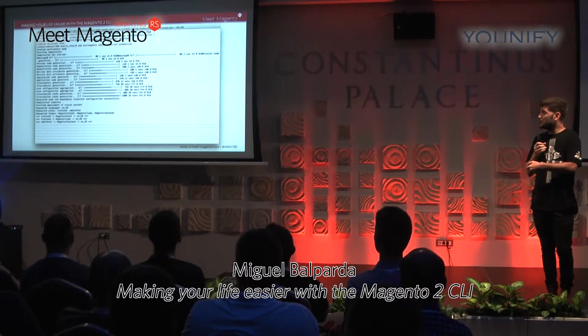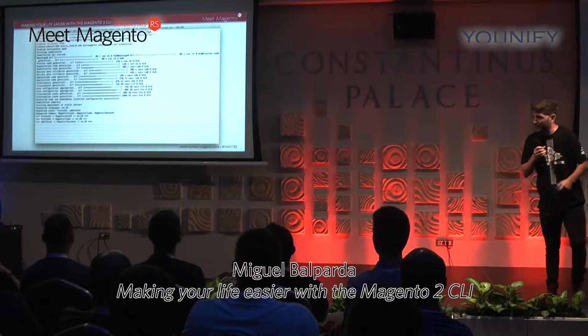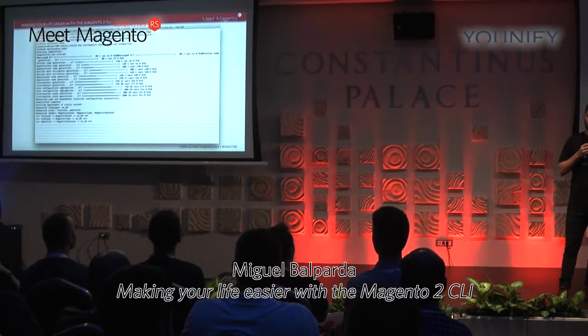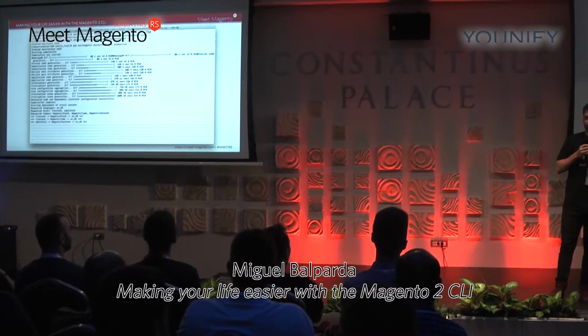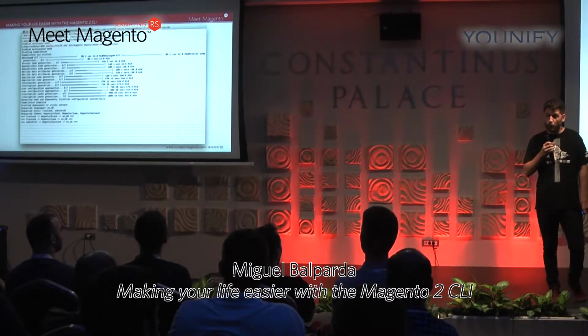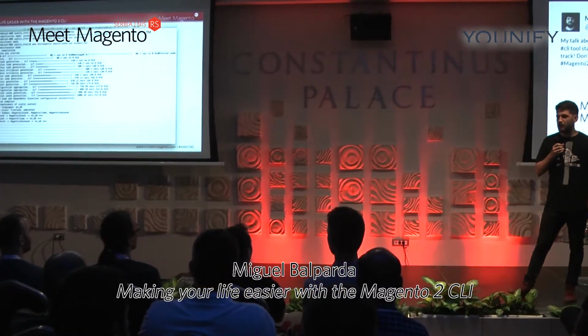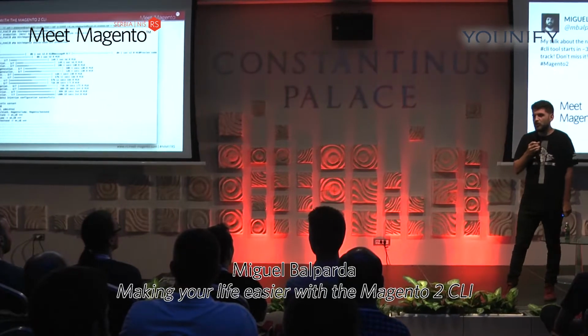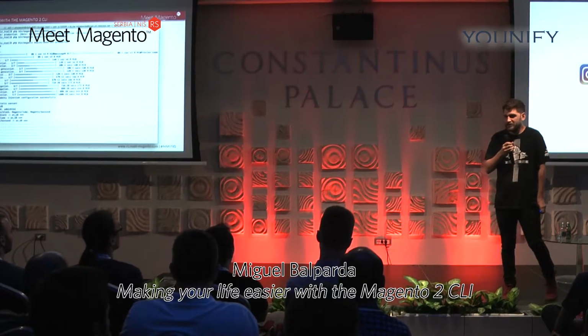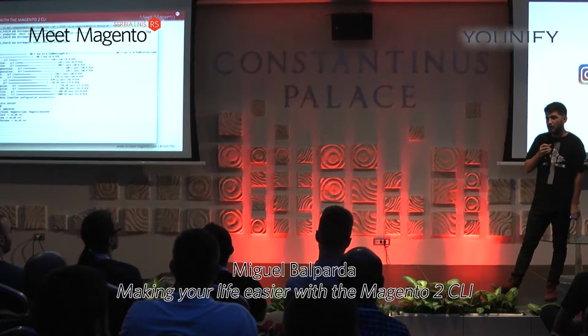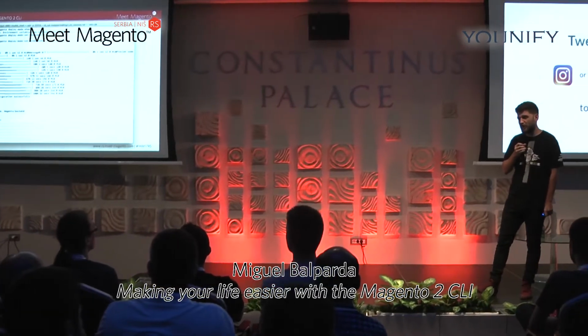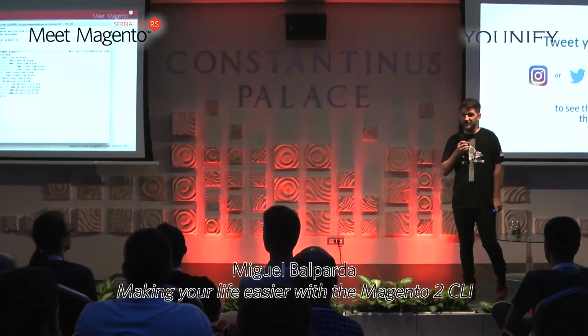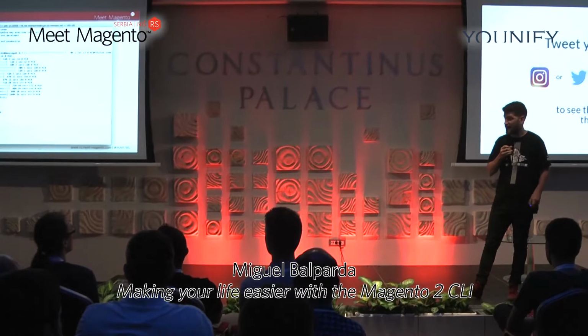This can be overridden by environment variables, but please keep in mind you always need to be running production mode when running a live site. We see a lot of sites running in developer mode or default mode in Magento 2, and that's quite slow if you ask me. I'm going to explain why it's slow, but trust me, you need to run your stores using production mode if the site is live, if the site is online.